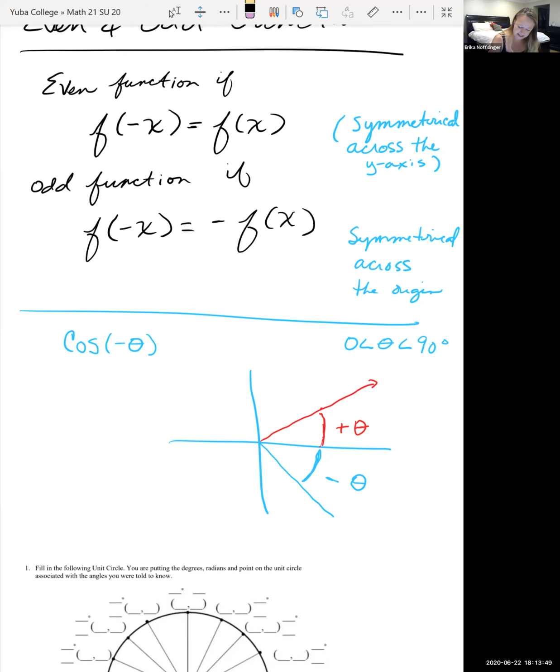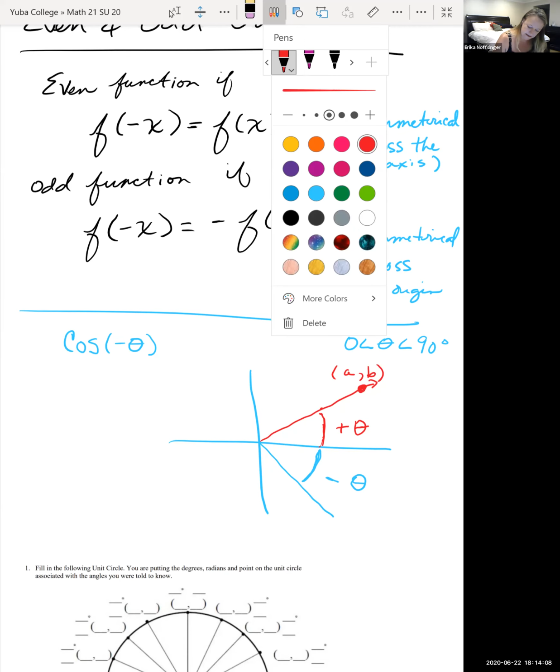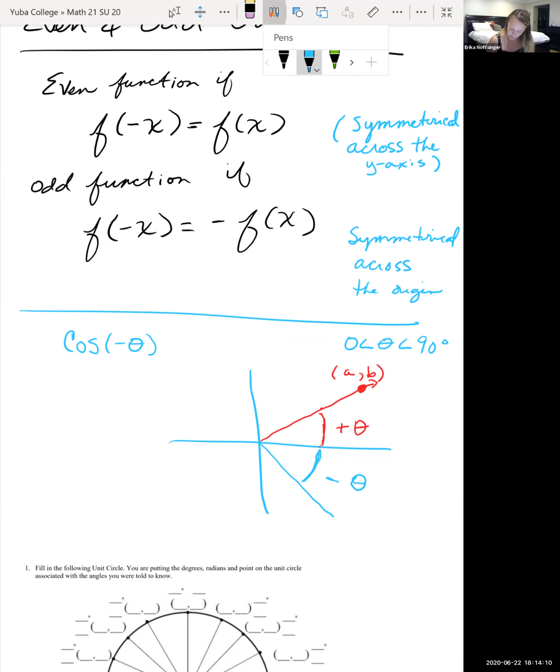Let's say we had some point on here, a point (A, B). If I went down and folded my paper along that x-axis, this point is (negative A, negative B).